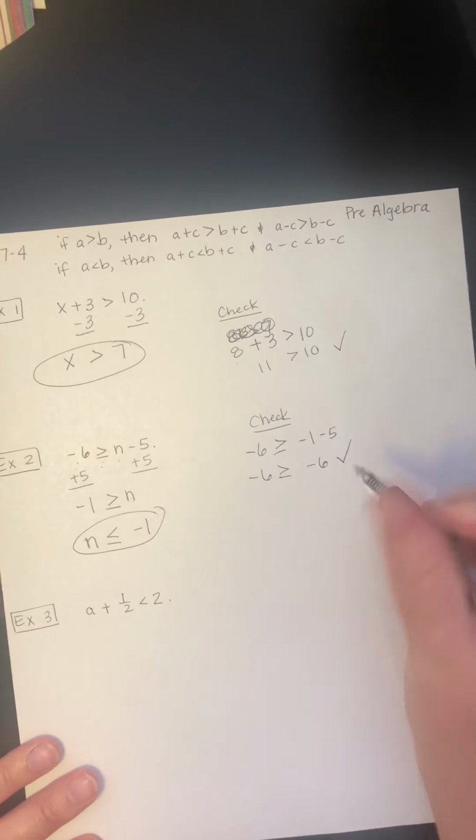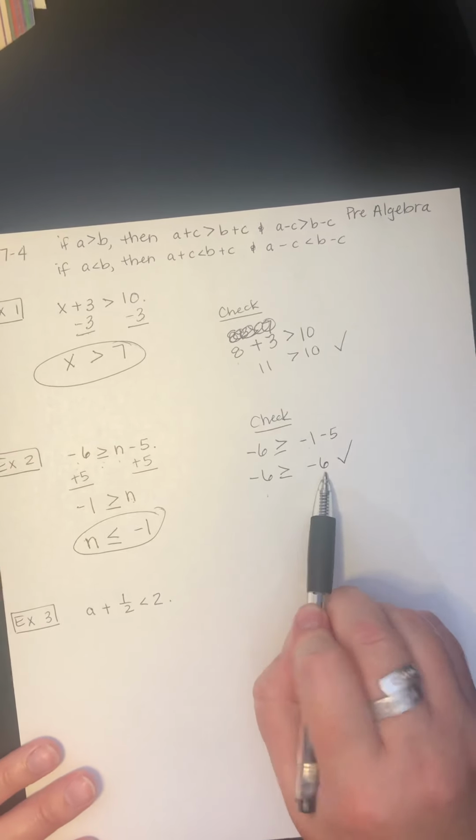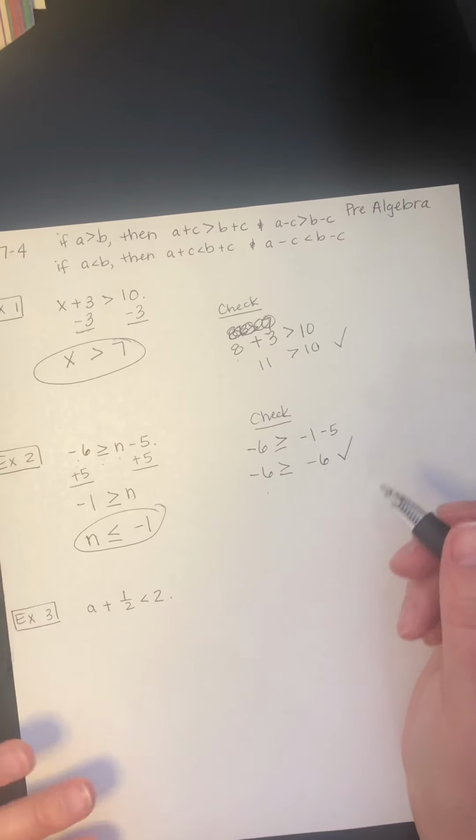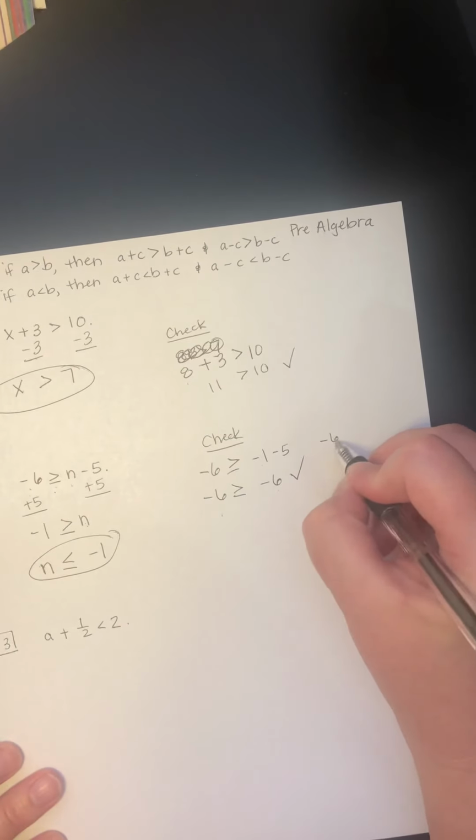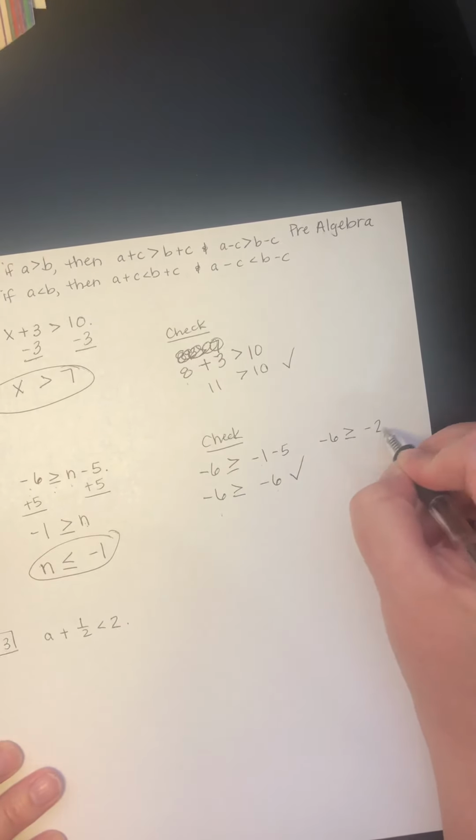That's true, because negative 6 is equal to negative 6. What if we plug in negative 2? Negative 6 is greater than or equal to negative 2 minus 5. On the right side, negative 2 minus 5 is negative 7. Negative 6 is greater than or equal to negative 7. That's true. So our answer, n is less than or equal to negative 1, is correct.